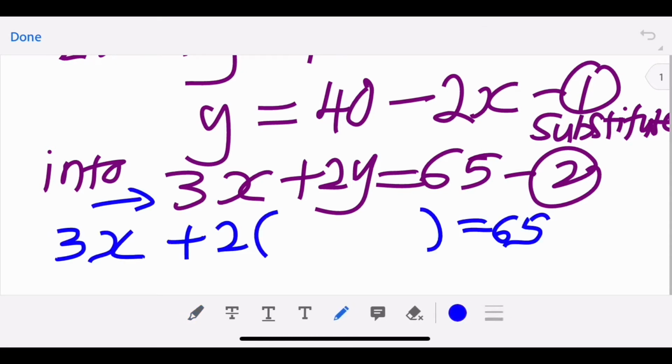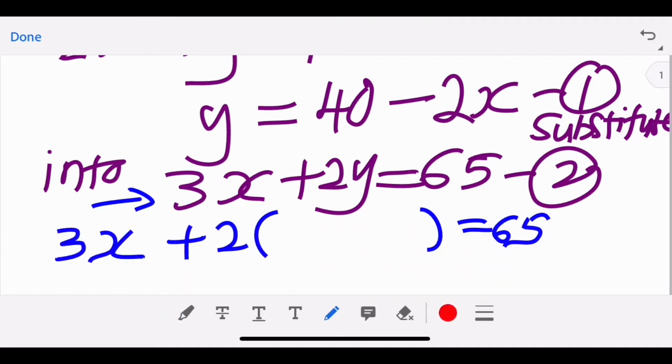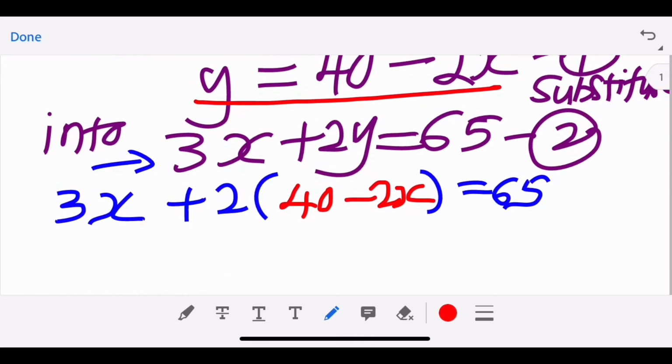Then we need to simplify carefully, because actually this question you are supposed to score full marks. It's just that many of you sometimes are careless. So how to avoid careless mistakes is you have to self-check. So 3x we copy down plus, 2 times 40 is 80, right?